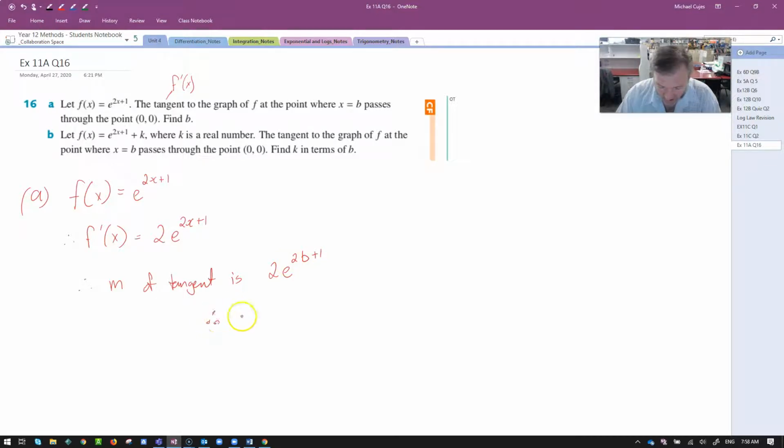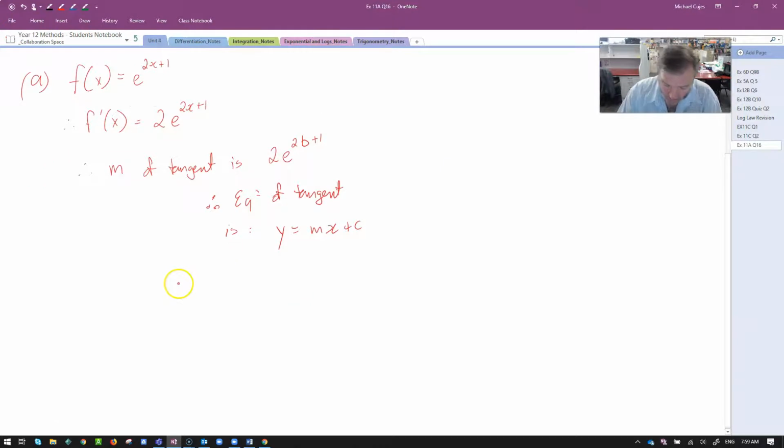And we've got the equation of a tangent, so the equation of the tangent is going to be in the form y equals mx plus c. But what do we know? Well, we know m is equal to 2e to the 2b plus 1 and c equals 0.